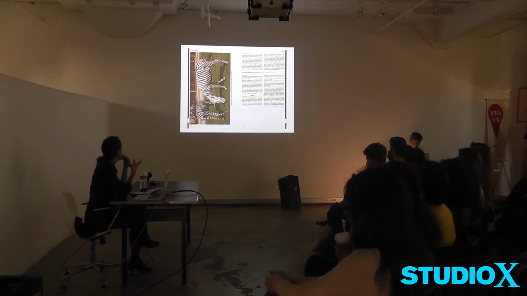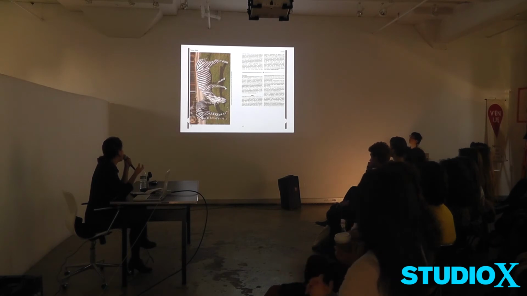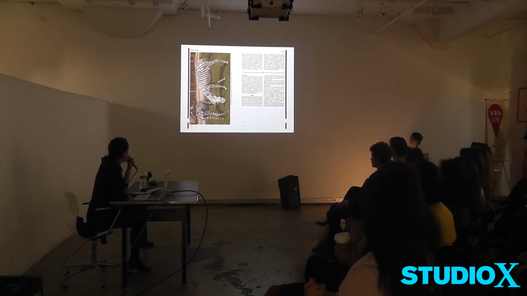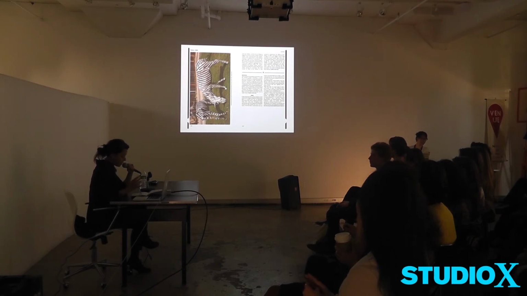Zoo describes the story of a private zoo in the Gaza Strip, owned by a family. It's a very complex thing to maintain a zoo under occupation, under siege, and there are different types of challenges when you do that.